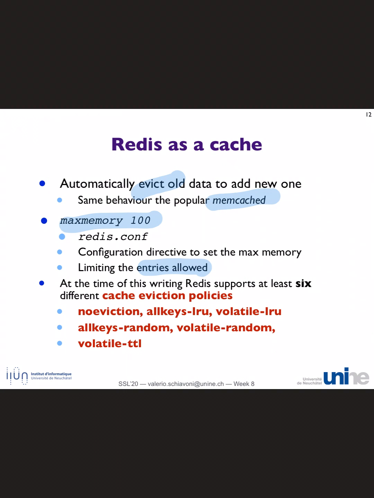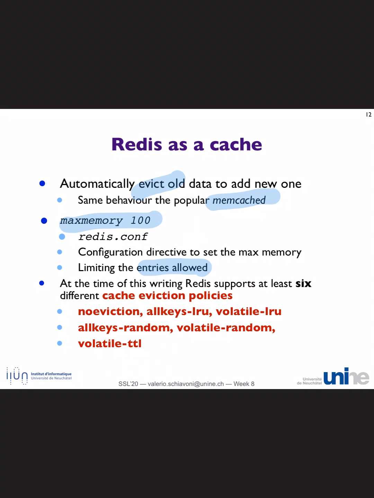So basically, by tuning that parameter, we are supposed to observe side effects on the efficiency, on the response time, on the cache misses and on the cache hits that Redis reports.